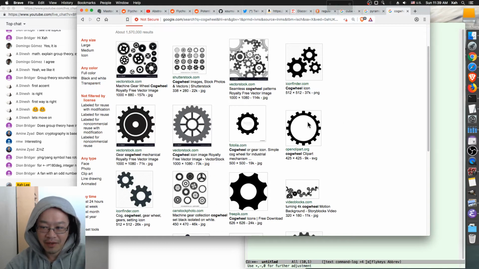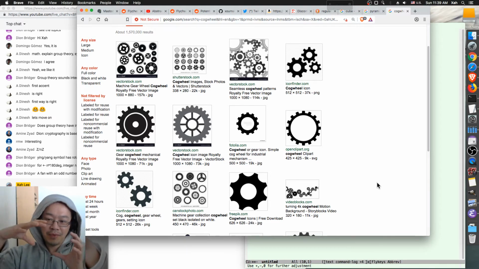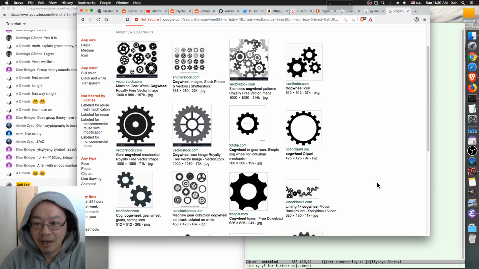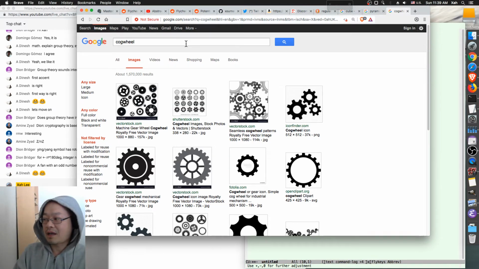Because, for example, if you look at this cogwheel, yes, it has rotational symmetry. You rotate it a little bit, it becomes itself. However, it also has many mirror symmetries, around the lines. But I'm trying to find a cogwheel that only has rotational symmetry and does not have mirror symmetry.